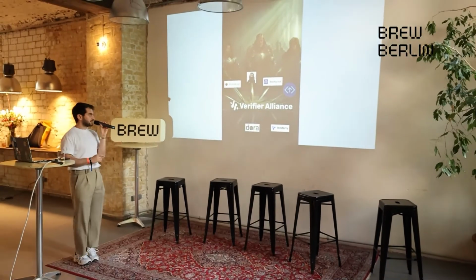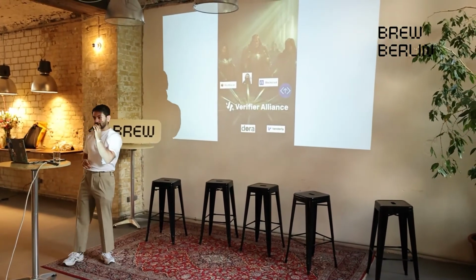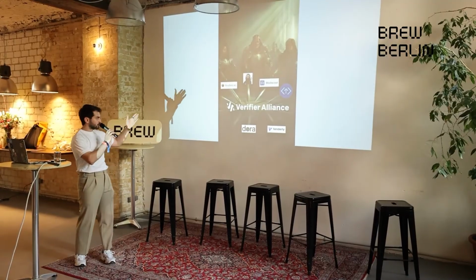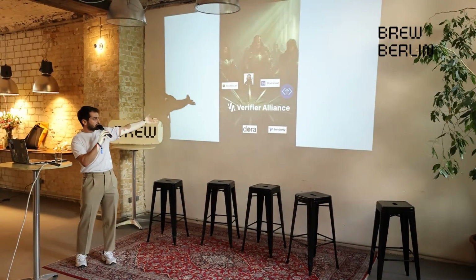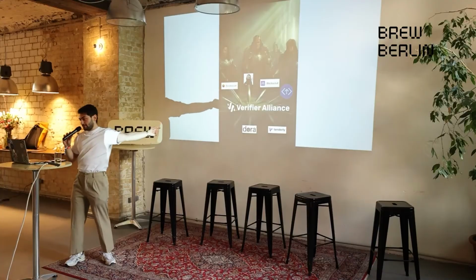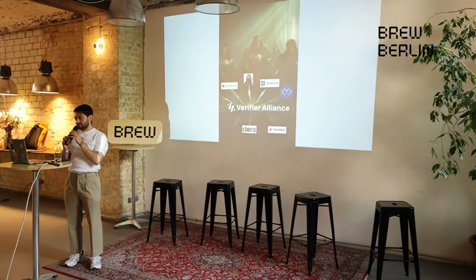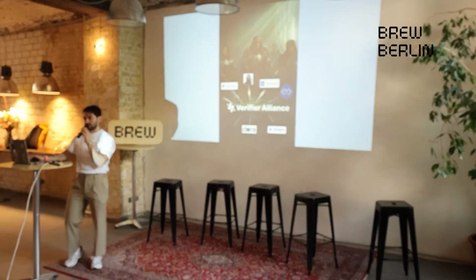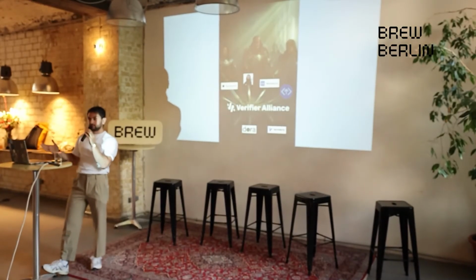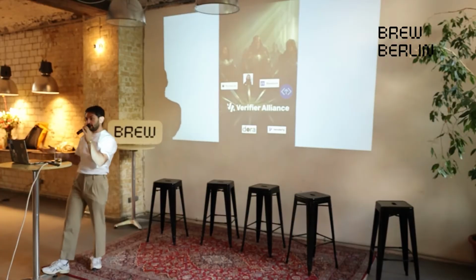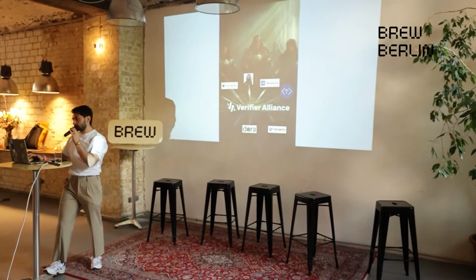And we founded an alliance called the Verifier Alliance with all these people, BlockScout, RouteScan, Dora, Tenderly, and with the help of Sam. We founded this alliance to gather all the smart contract data out there in one single place in a standardized way, and easily accessible and open.